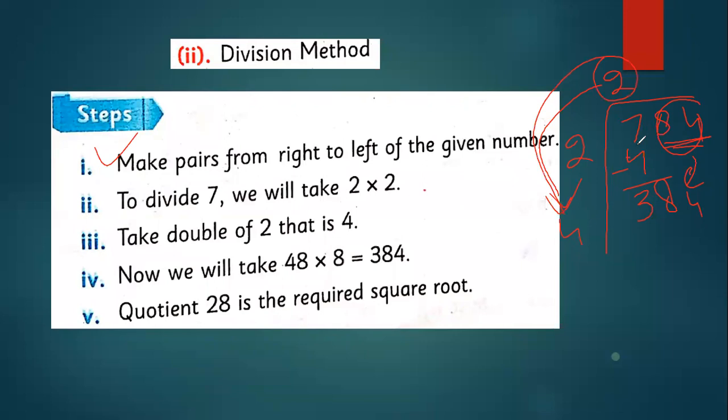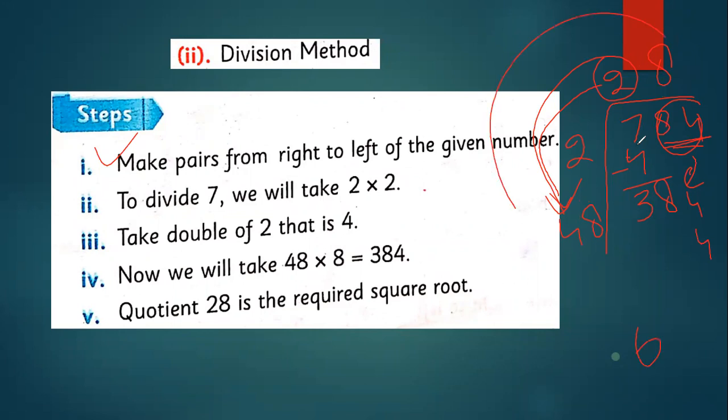Now we have to take a number here, and that number must complete this one. So if we take 8, 8 should be there as well. So 8 eights are what? 8 eights are 64. So you write 4 there and 6 here.